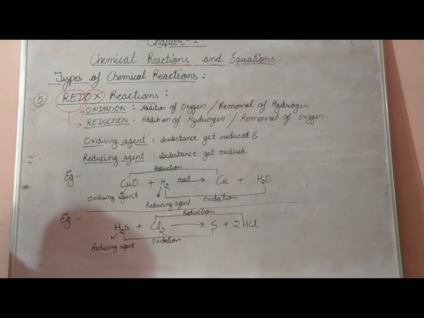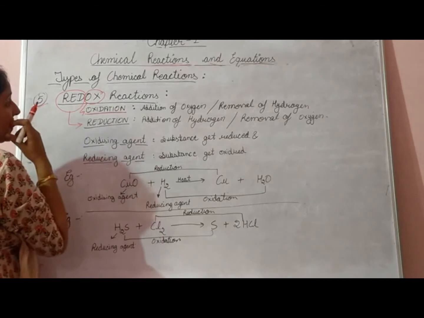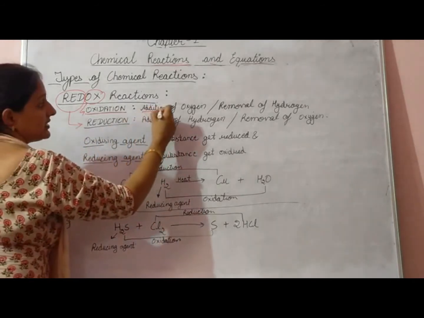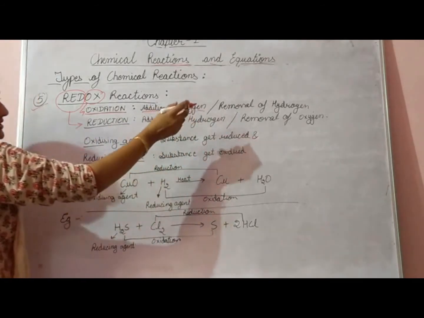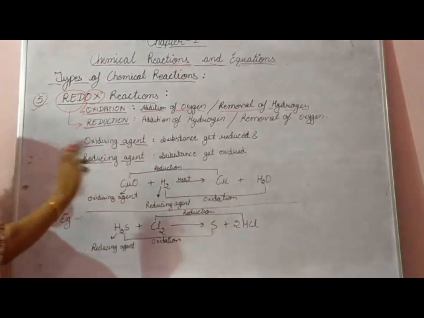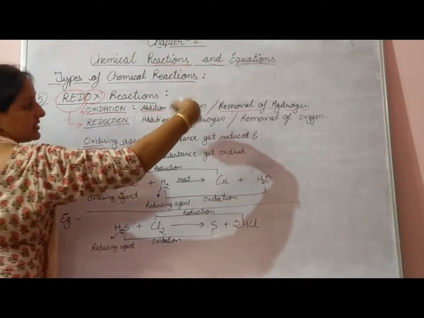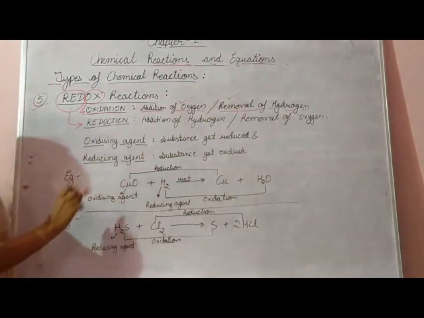So for this we need to study what oxidation reactions are and what reduction reactions are. First, oxidation: a reaction in which either the addition of oxygen or the removal of hydrogen takes place. It can be either of the two.